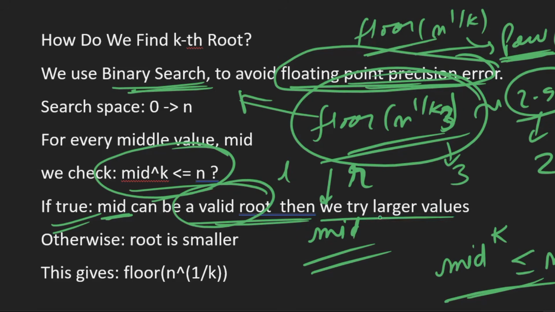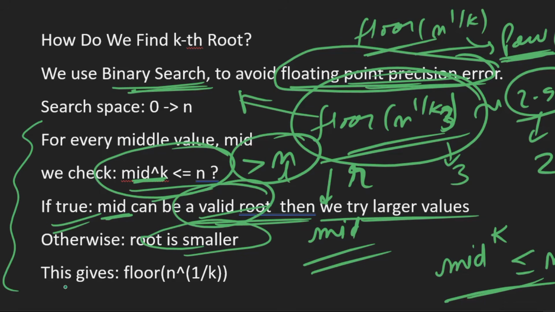Then we try for larger values, right? Otherwise, if mid to the power k is greater than n, that means the mid is not a valid root, so we try for smaller values, right?